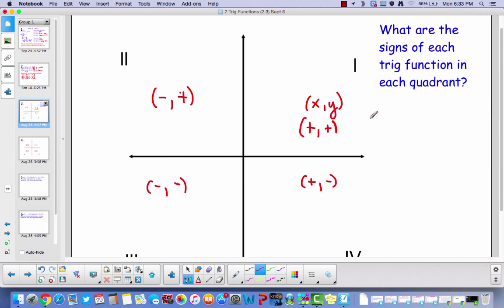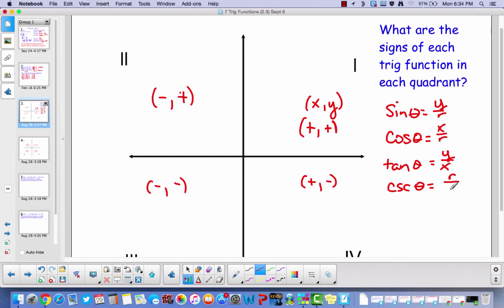Now, think about these things. Remember that sine, if we're talking in terms of the circle, is y over r. Cosine is x over r. Tangent is y over x. Cosecant is the reciprocal of sine, so it is r over y.